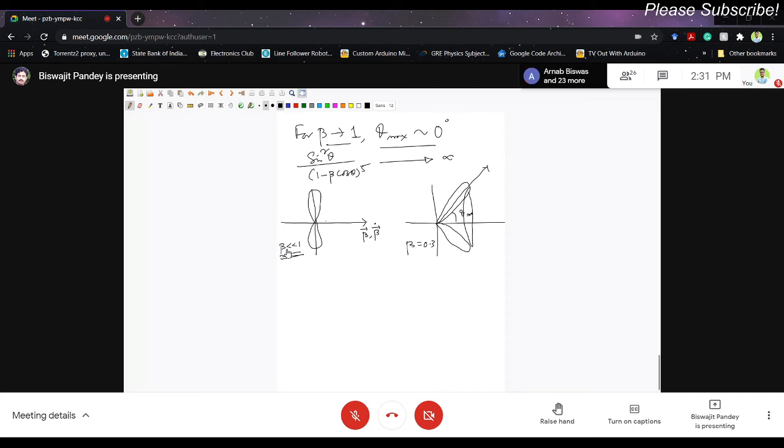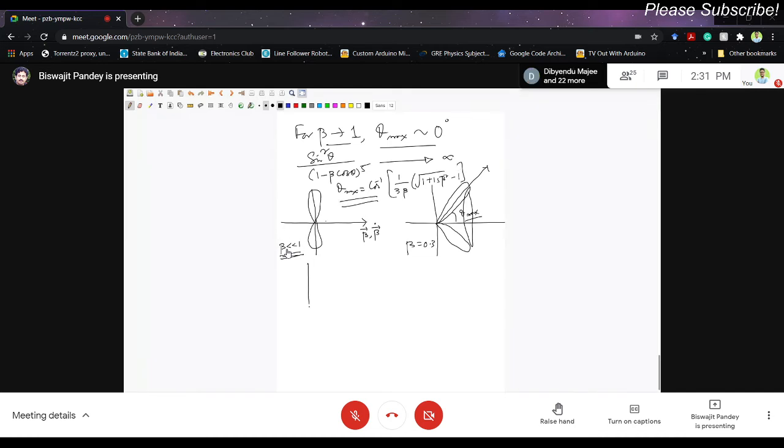And how to calculate theta max? That formula is already there, we have already written down theta max. Theta max is cos inverse of 1 by 3 beta times the square root of 1 plus 15 beta square minus 1.